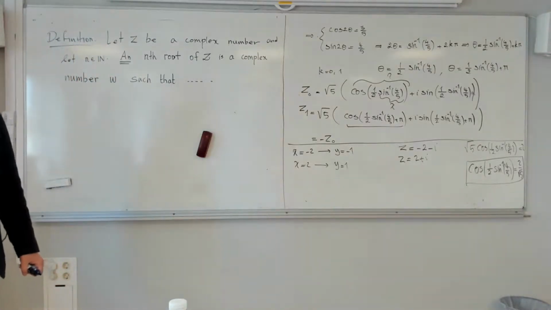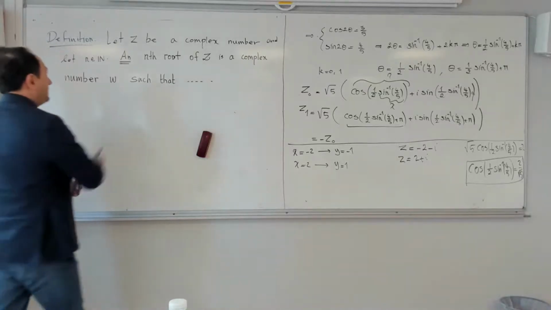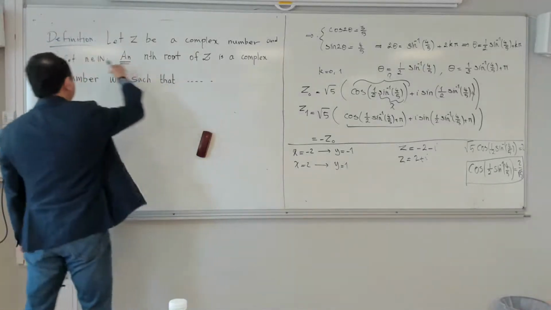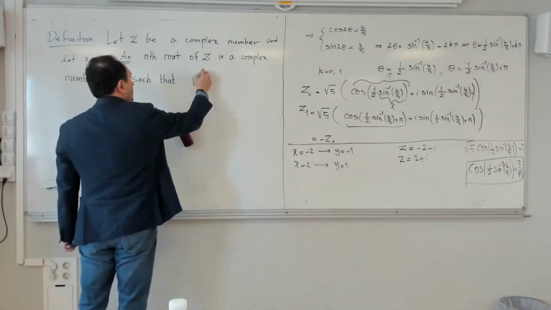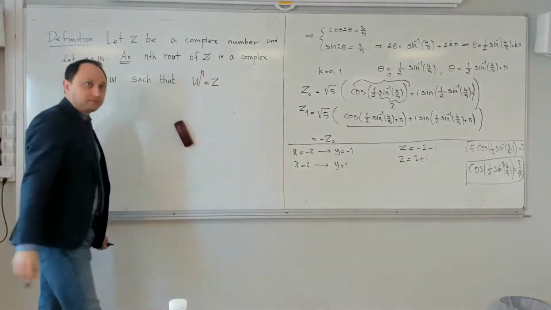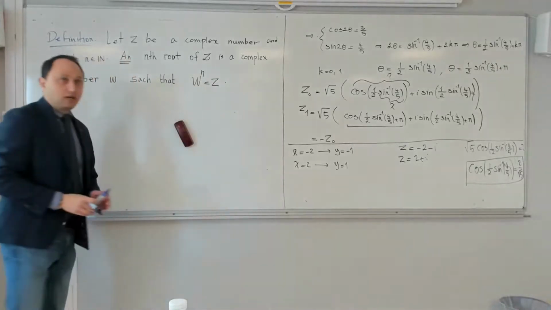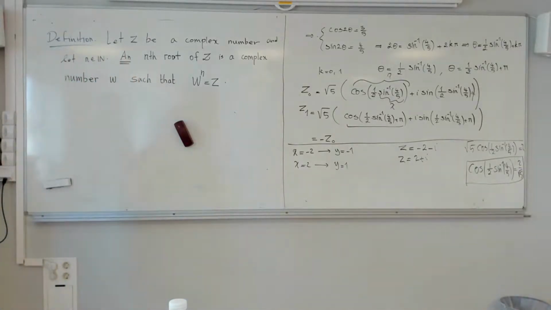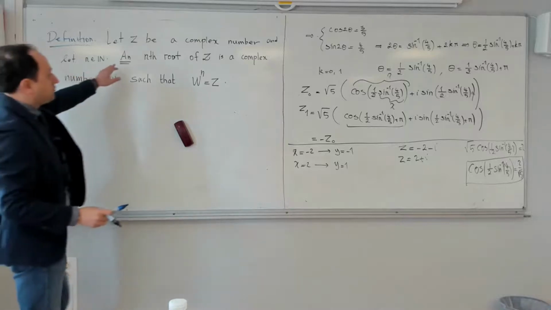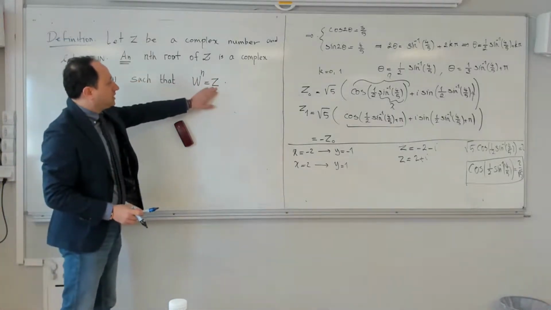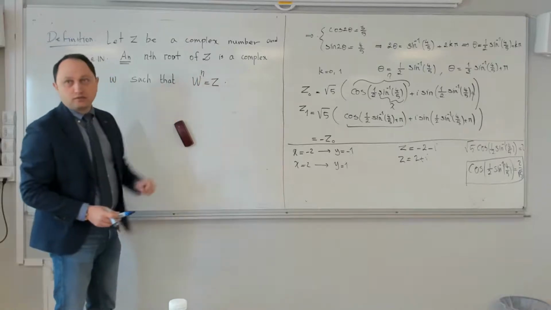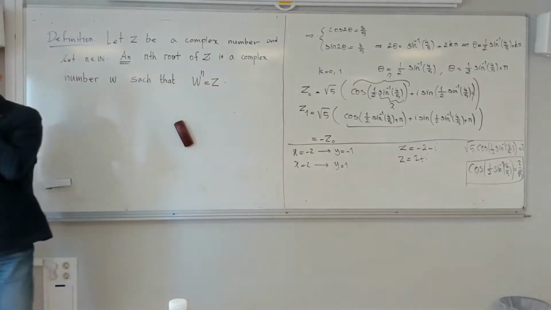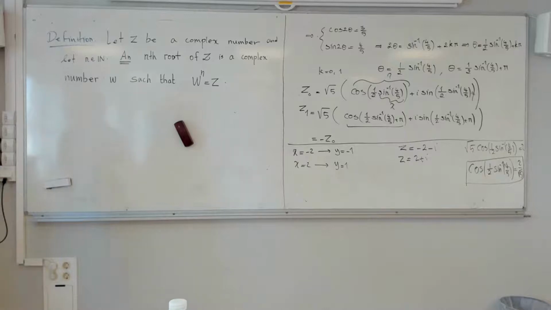It is a number so that when you raise it to power 5, it becomes 7. So when I say an nth root of Z is W, it means that W to power N becomes Z. Is that understandable or not?